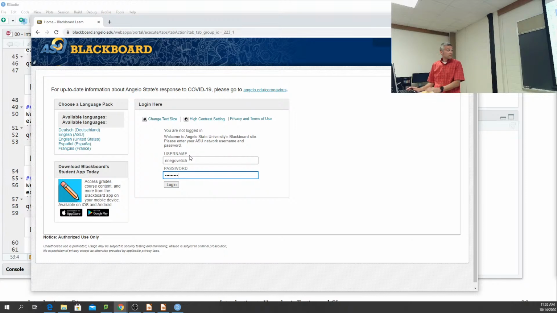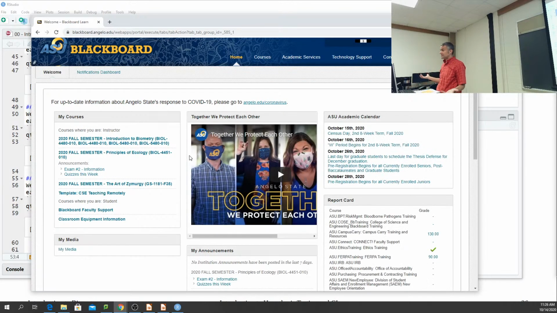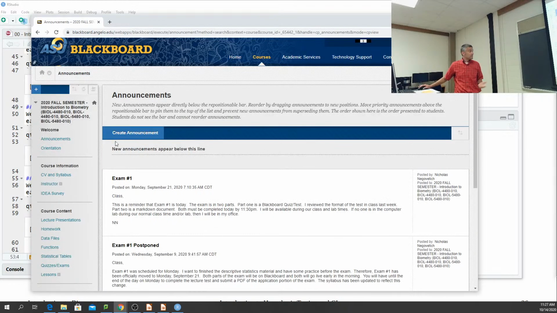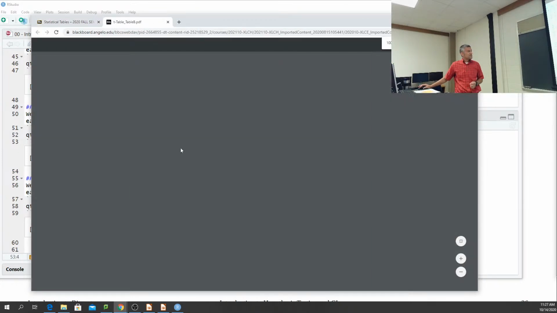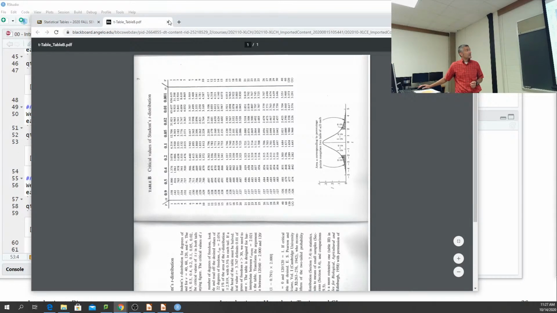This is also one of those where you can look up a t-table and you're going to find many different t-tables on the internet. They all have the same information. So, statistical tables, t-table, table B. All right, I've got a different table, so this is the table that's up.